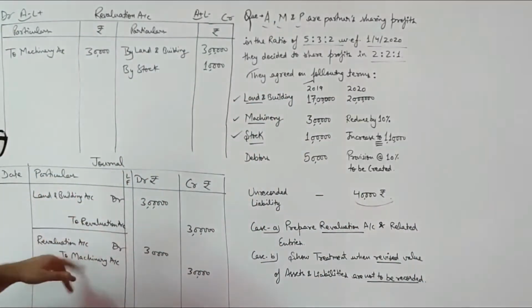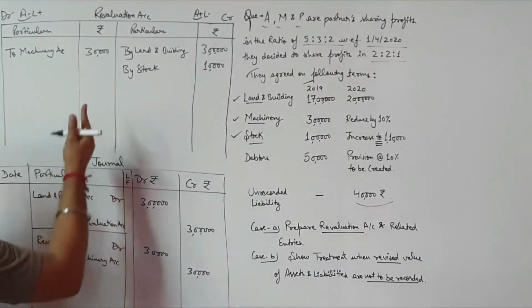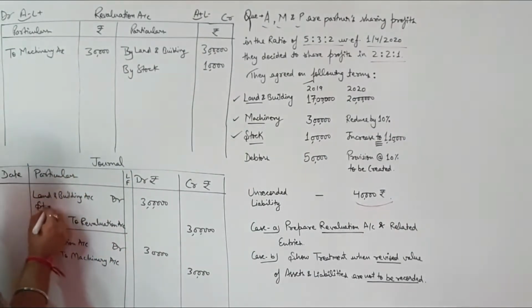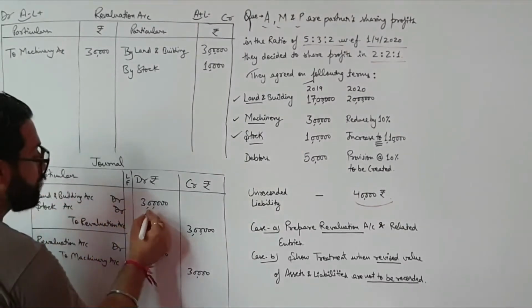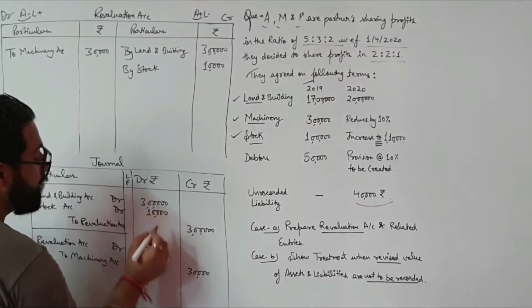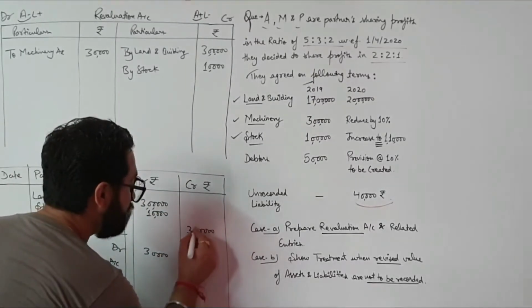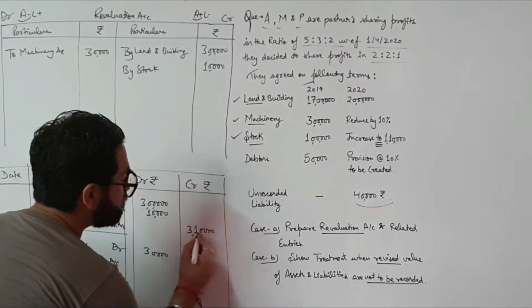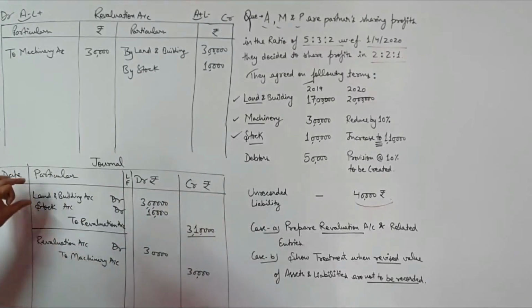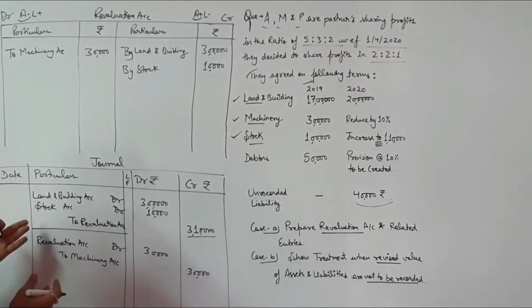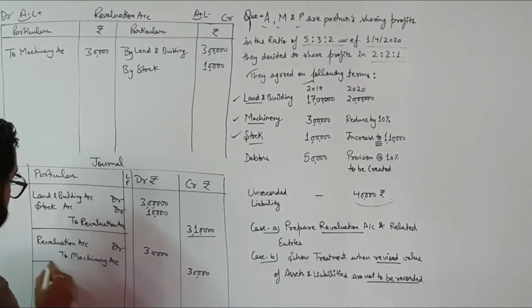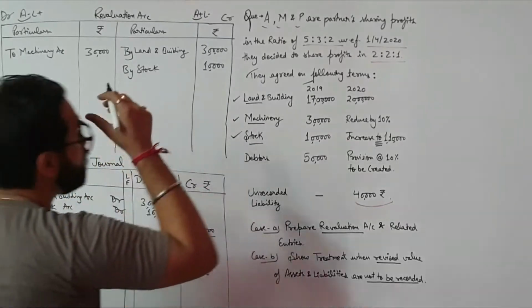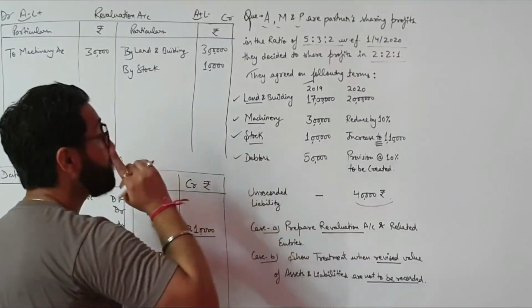We can pass another entry or simply add this into the earlier entry. The Stock Account debit, and the total will be 3,10,000. Because both these items are assets, they can be recorded in a compound entry or a combined entry. Okay, now the next, debtors.